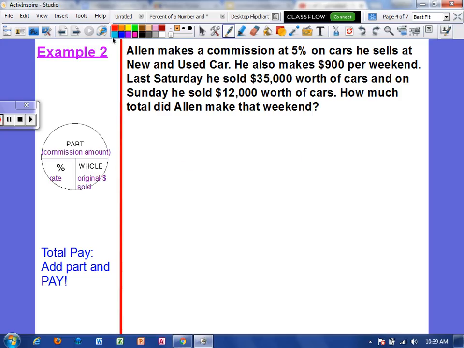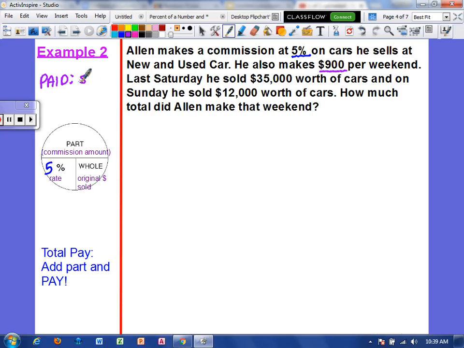Okay, so let's start by identifying everything that they have given us. They gave us a commission of 5%. So there is the percentage rate. It also says that he makes $900 per weekend. Now, this is not what he has been selling. This is the amount he was paid.